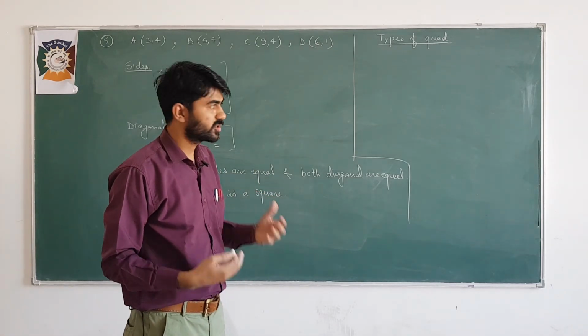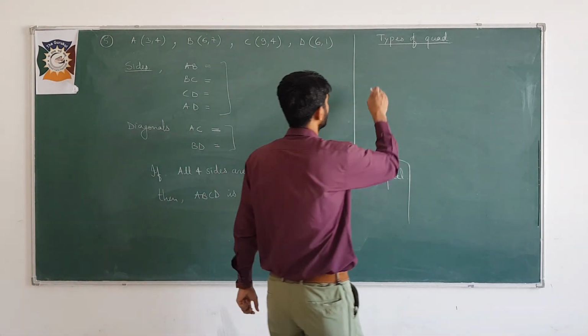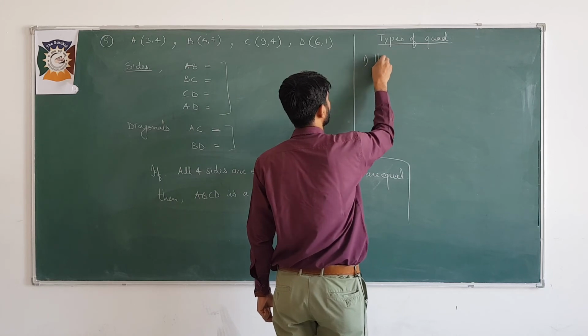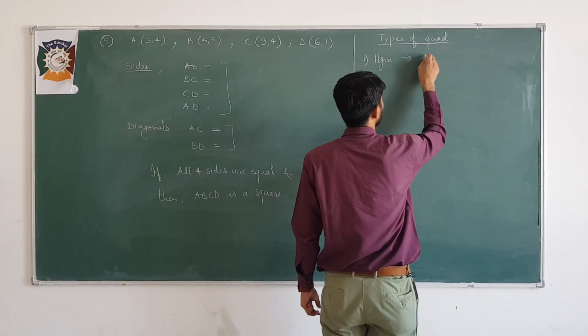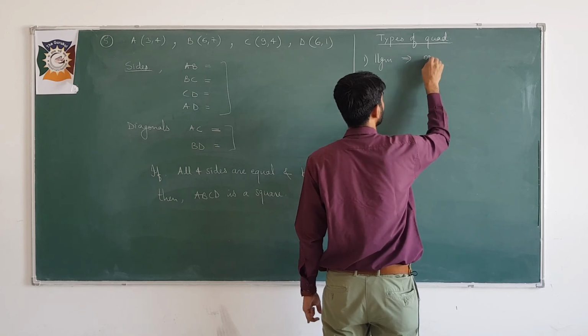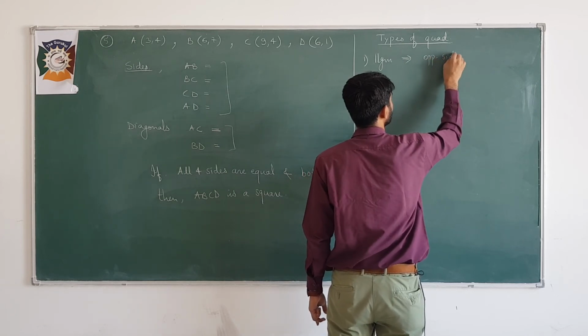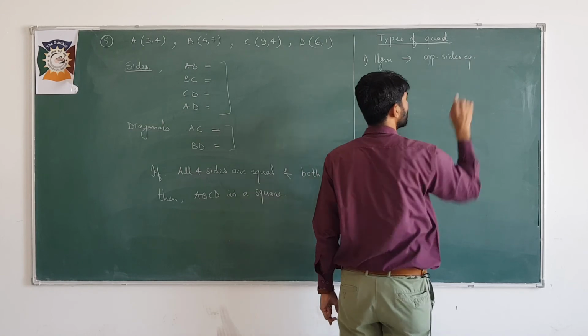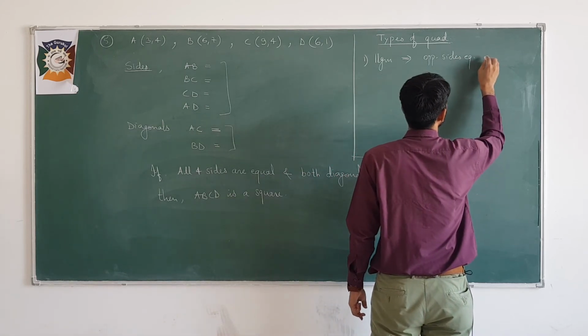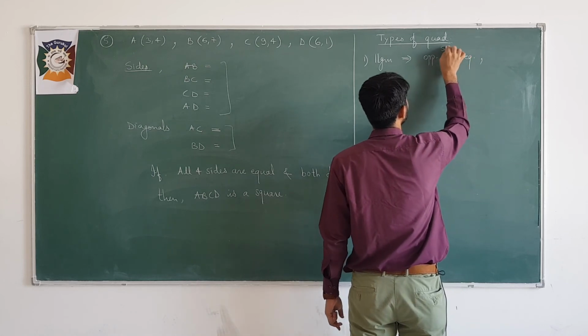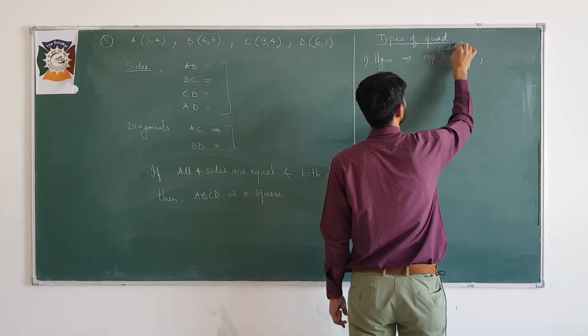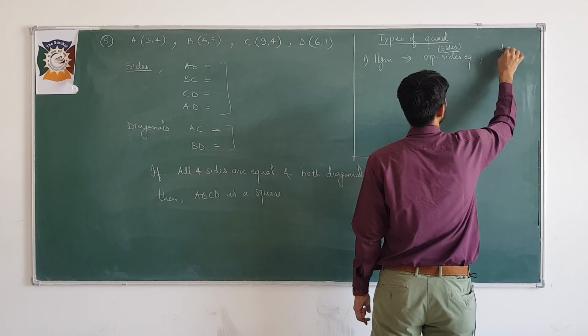Okay, so special quadrilaterals. Suppose a parallelogram, what will happen? Opposite sides equal and diagonals not equal. So I am writing sides and diagonals.